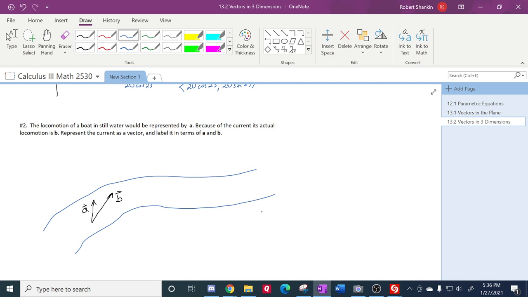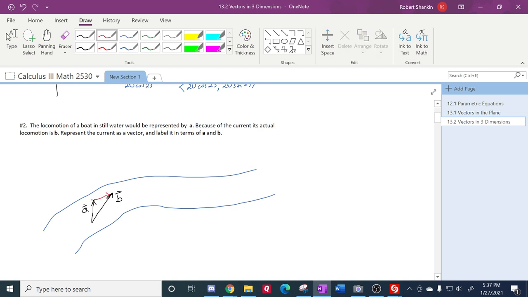Okay, 30 seconds more. All right, so if the boat was really going to go this way in still water, it must have been that the current added this to the movement.